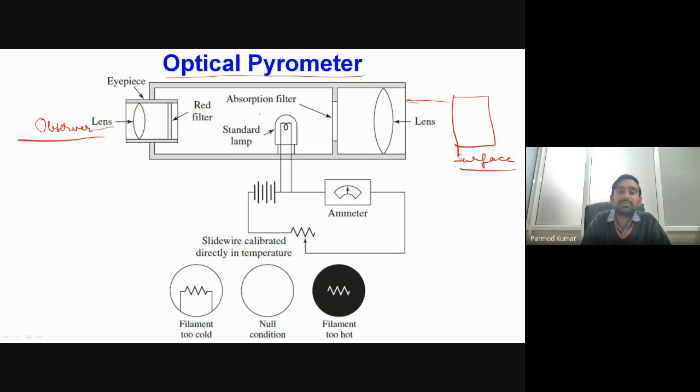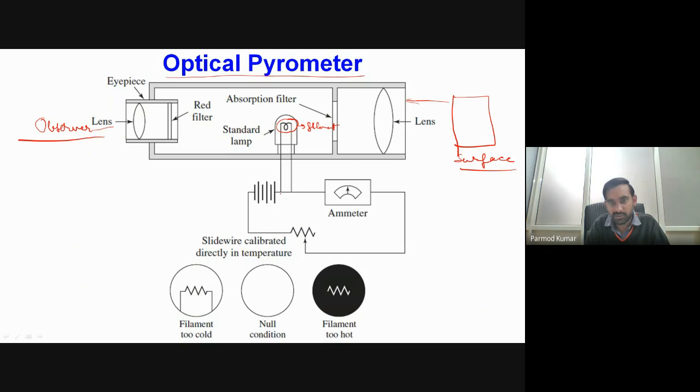Now, in this arrangement we have a filament over here, which is simply a standard lamp. We supply some power to this filament, so obviously it will emit light.